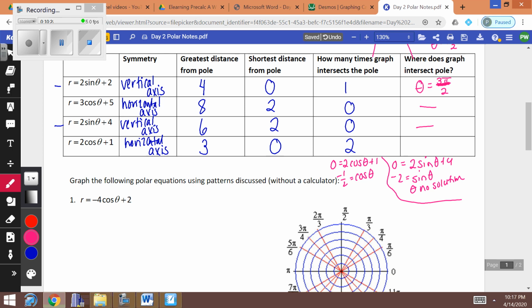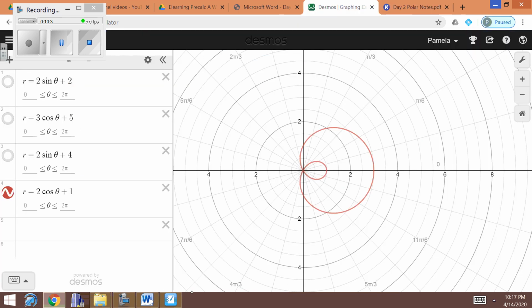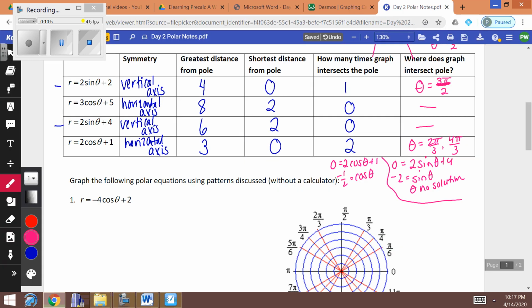There are two places where the cosine is equal to -1/2, at 2 pi over 3 and at 4 pi over 3. So what actually happens at 2 pi over 3 is it starts here and swirls around. It crosses through and then it crosses through a second time. And I'll show you that when we go through and look at the graph.